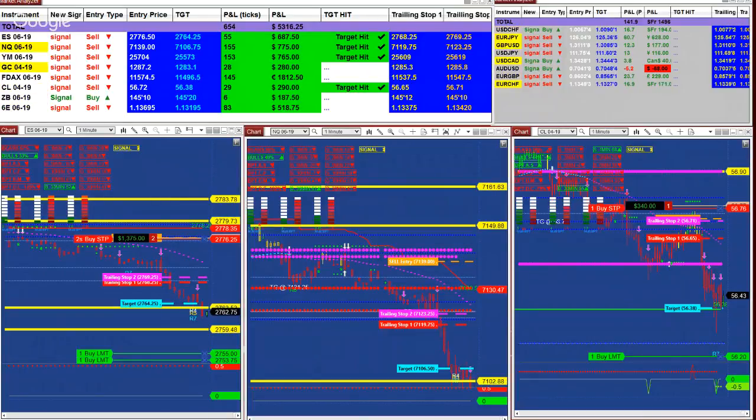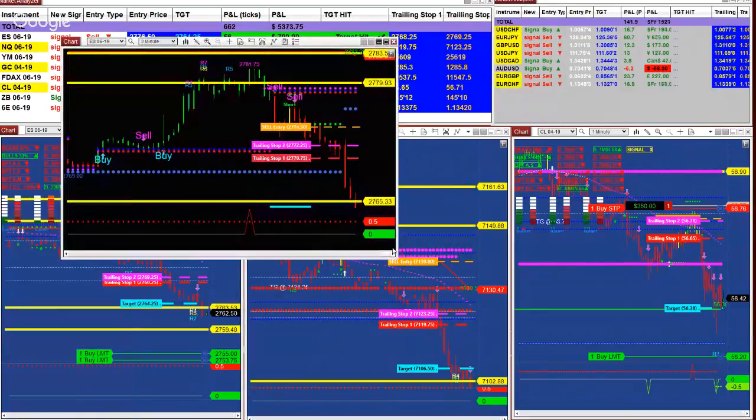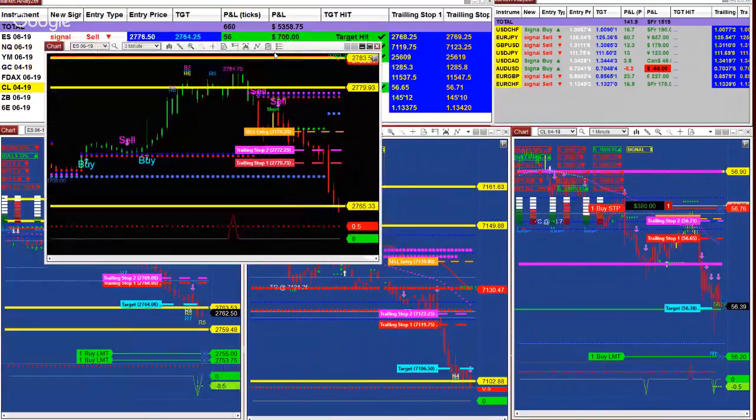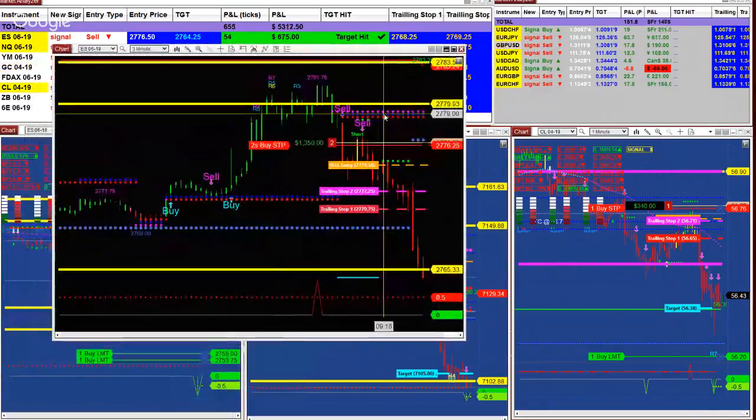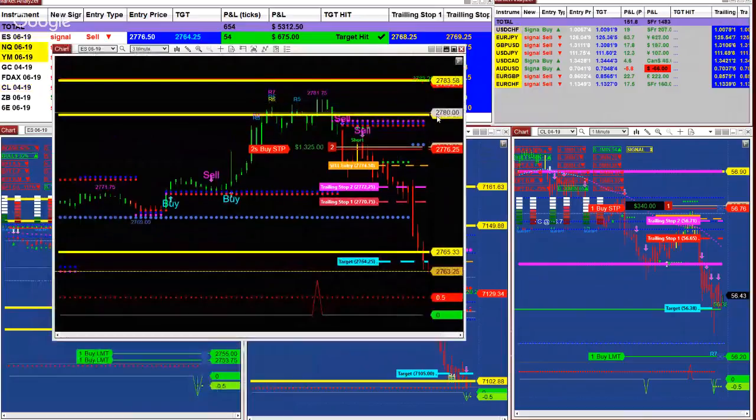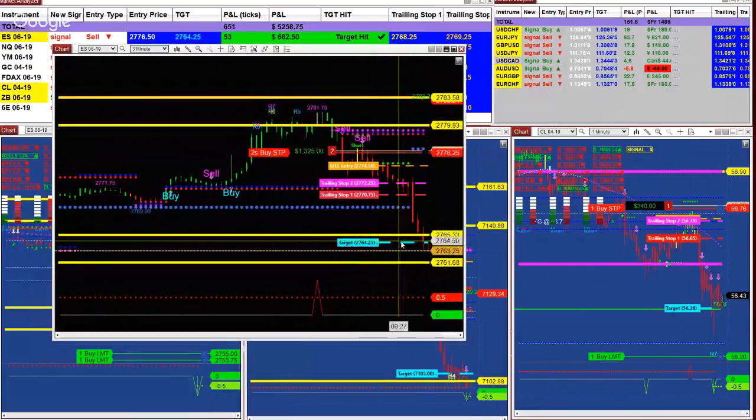Let me cover something before we start. This is the 3 minutes chart, and as you see right now on the 3 minutes chart, we just hit the target.